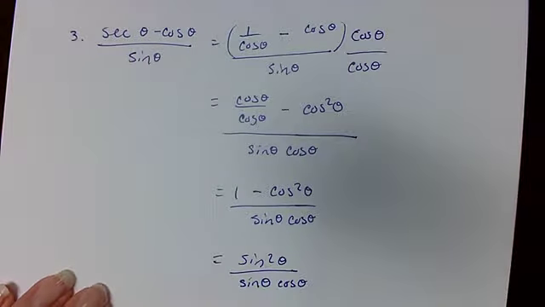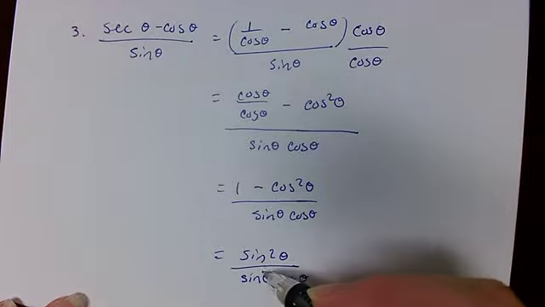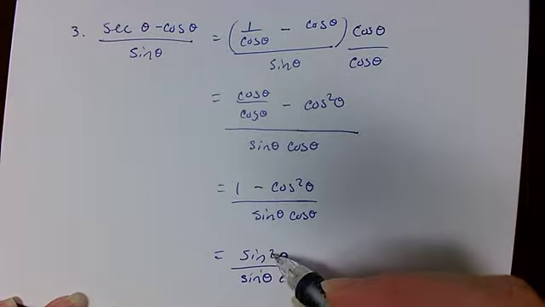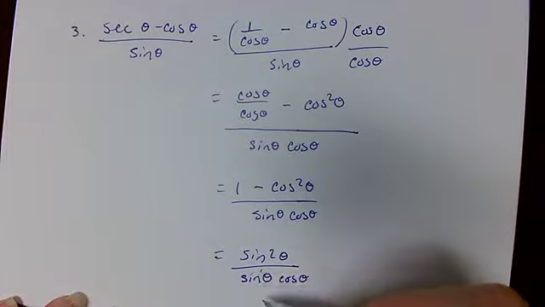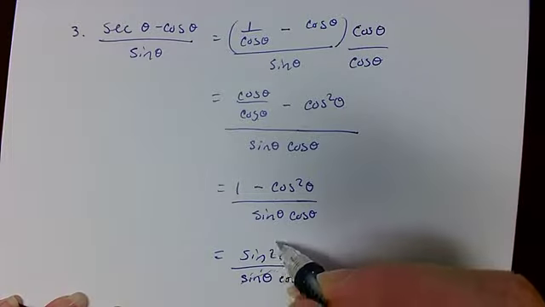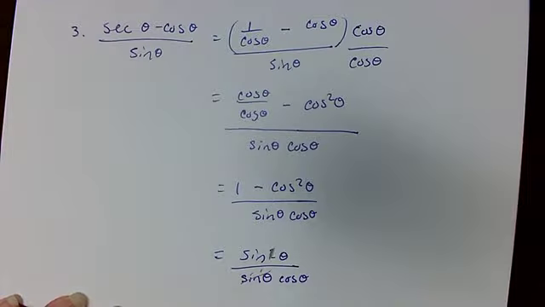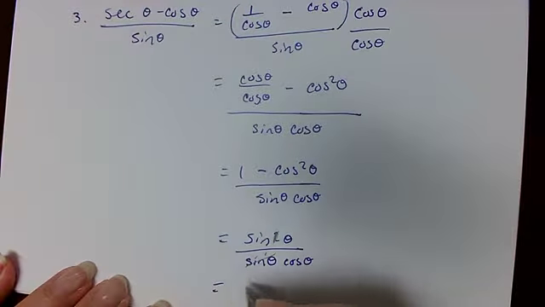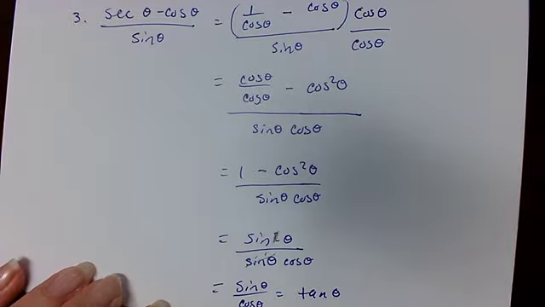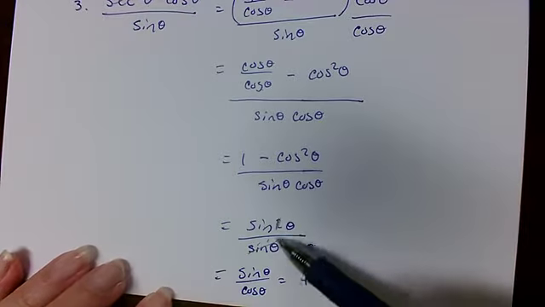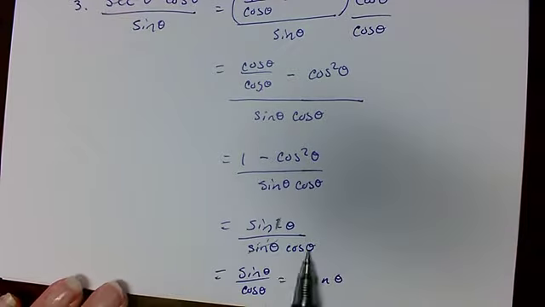Well, now I can take my exponents, because this is to the 1, so sine squared over sine to the first, I can cancel that out. 2 minus 1 is 1. So now I have this equal to sine theta over cosine theta, which will equal tangent theta. The reason we can cancel this way is because we have multiplication happening.